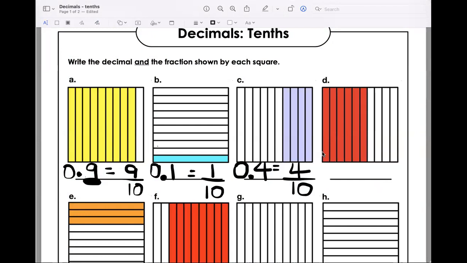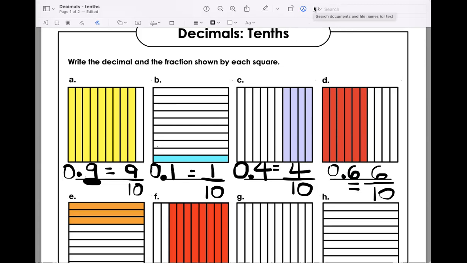We already can add up 1, 2, 3, 4, 5, 6. There are 6 parts shaded. That's the numerator. And the decimal is going to be 0.6 because we already know that this is the tenths place and there are 6/10.